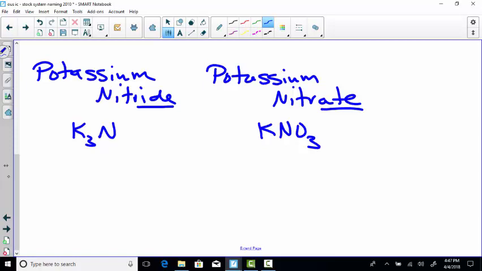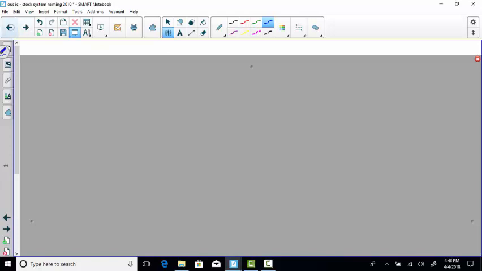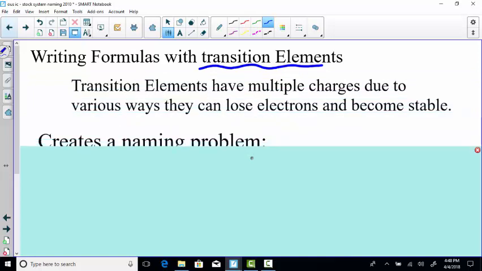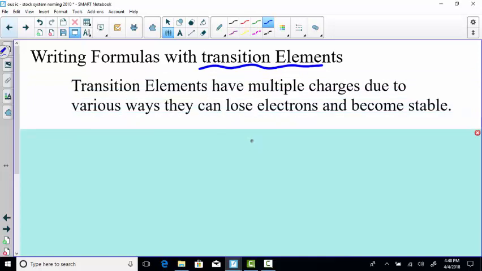Now, keeping all that in mind, we need to jump to a new naming system. One of the things that you hopefully have noticed on your worksheets is I have not given you any transition elements. Transition elements have multiple charges due to the various ways they can lose electrons and become stable.